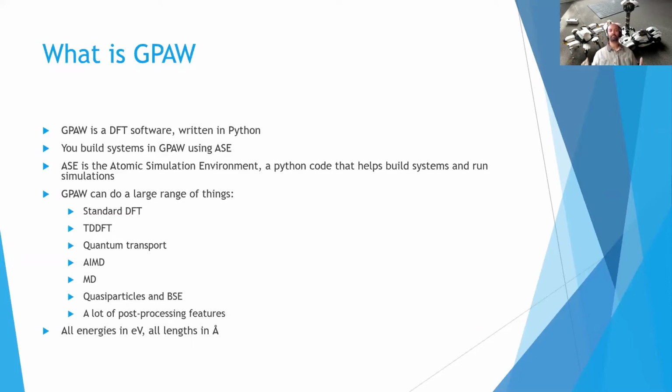What sort of DFT calculations or atomistic calculations can GPAW do? A large number. It's really rich with all sorts of things that you can do with DFT, like standard DFT, time-dependent DFT, quantum transport calculations as well, ab initio molecular dynamics as in classical molecular dynamics, quasi-particles, BSE, and it also has a lot of post-processing features, such as calculating the band structure and a lot of density of states and a lot of other things.